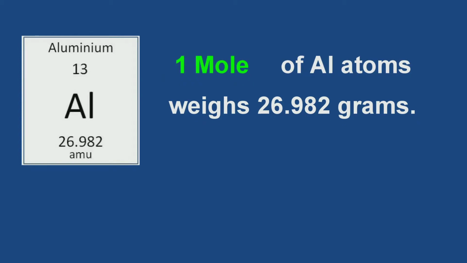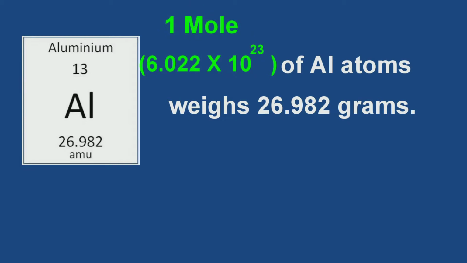We can say that 1 mole of aluminum atoms weighs 26.982 grams, or we can say that 6.022 times 10 to the 23rd aluminum atoms weighs 26.982 grams. You can say it either way, but it's easier to say the word mole than it is to say the number, isn't it?